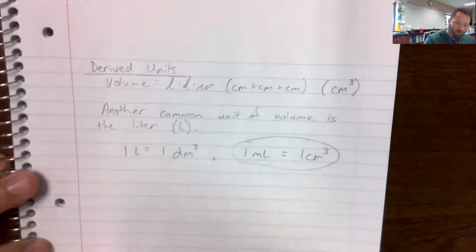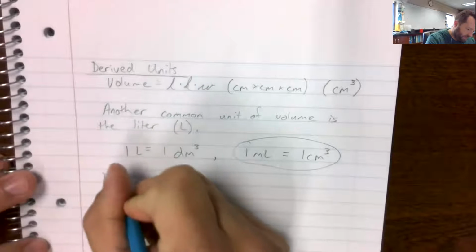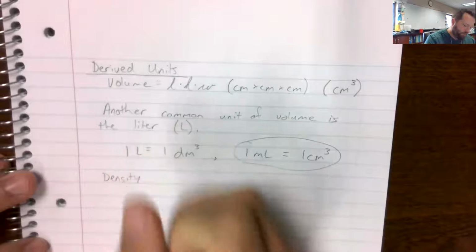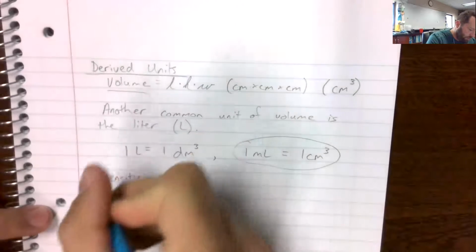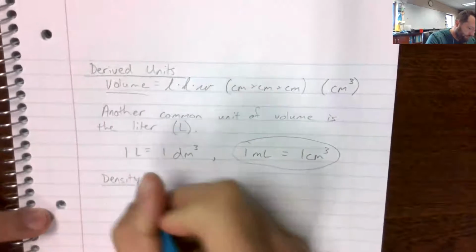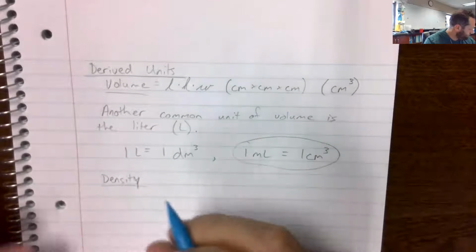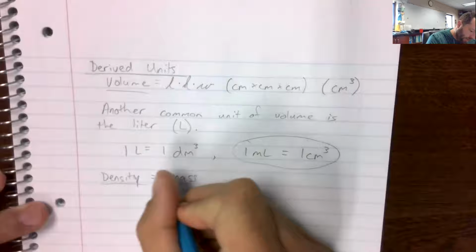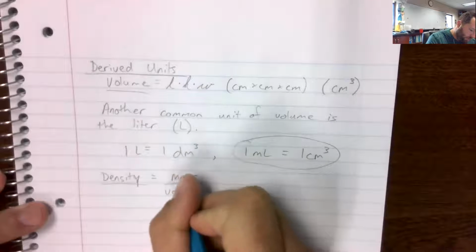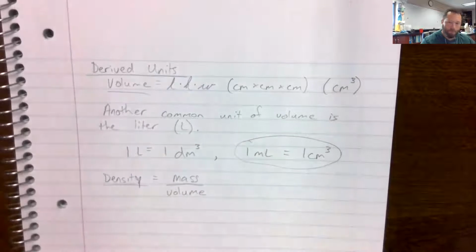We have one more derived unit to talk about, and that is density. There are a lot of derived units, but these are the big ones we'll be working with, volume and density. And density is mass of an object divided by the volume of the object. Mass over volume.